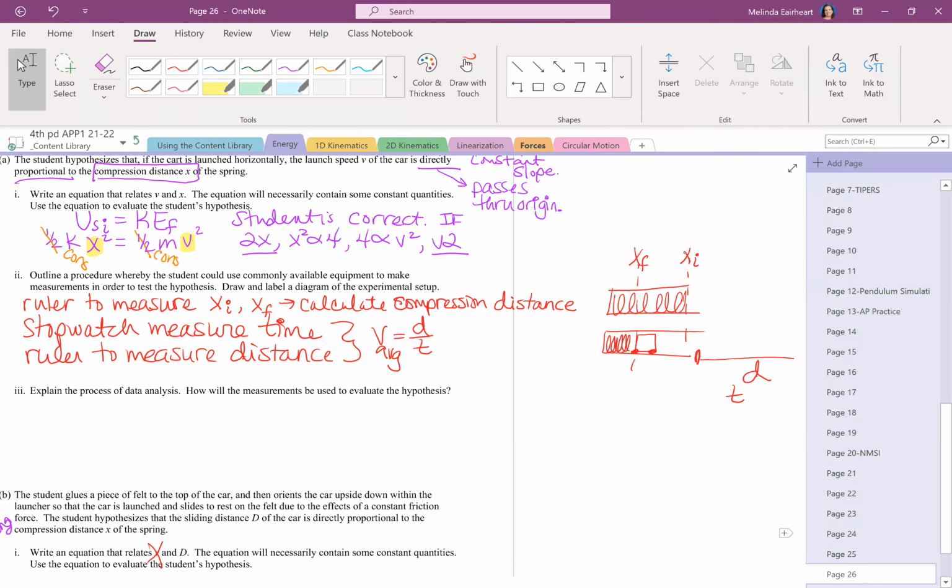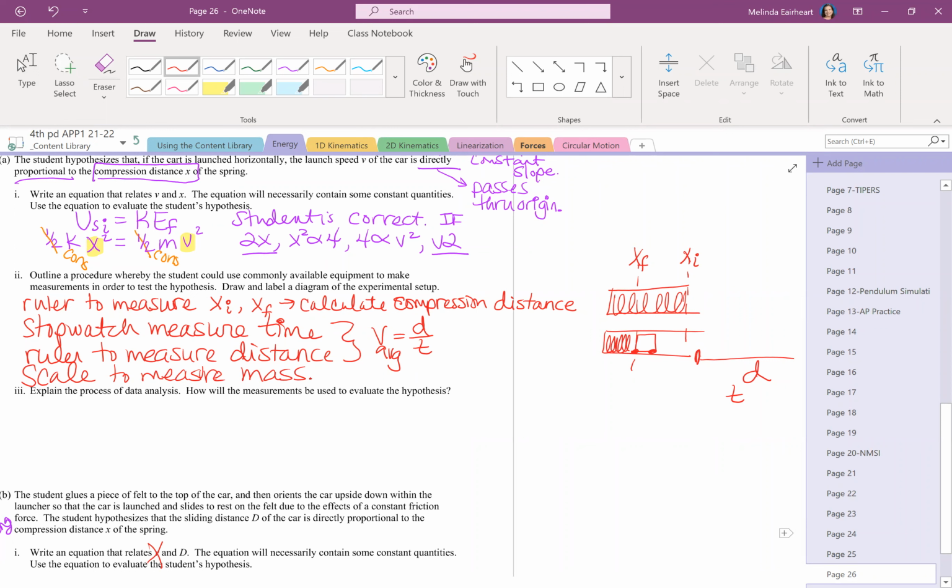A scale. And so a scale to measure mass. And I don't think you really have to draw that scale out. I mean, if you had time, you could, I guess, but those can vary. Good deal?